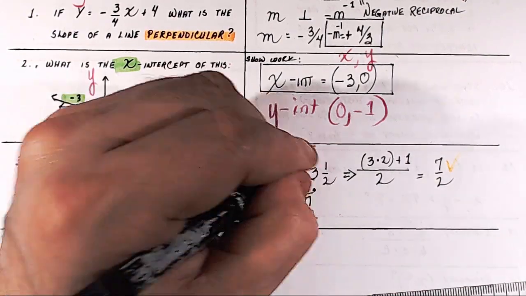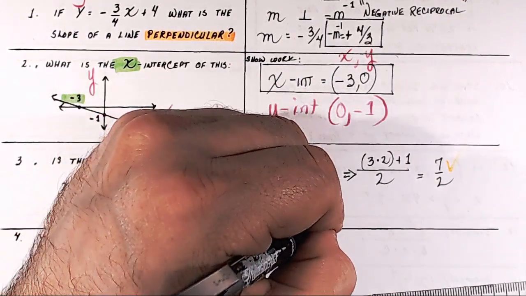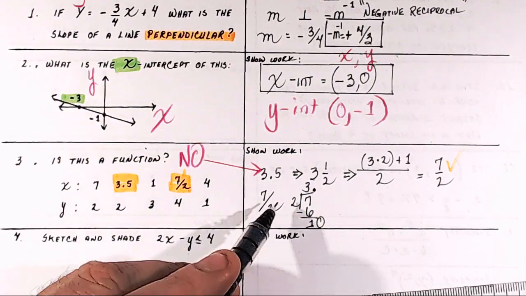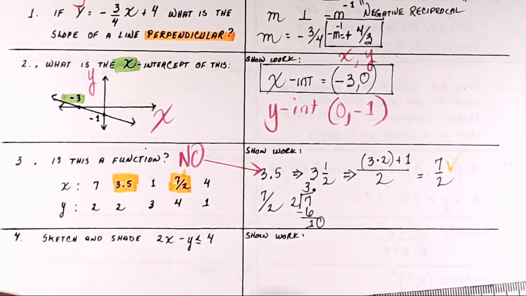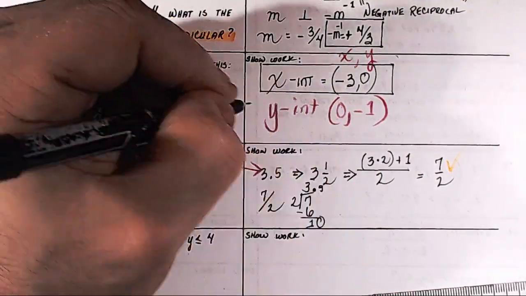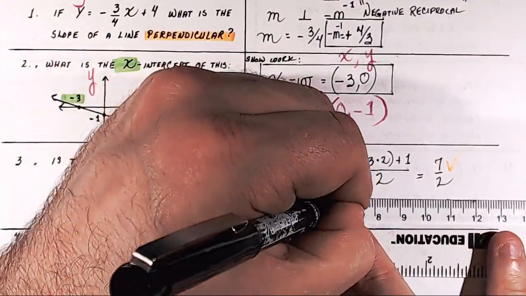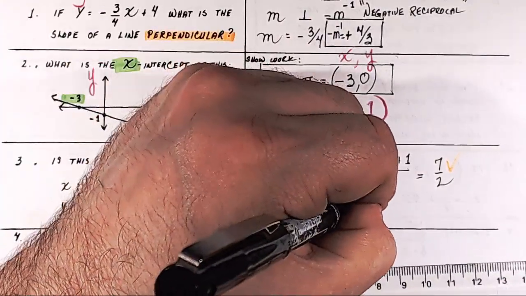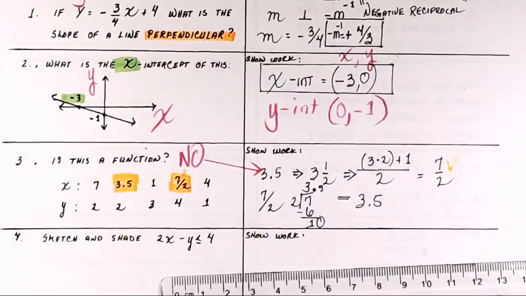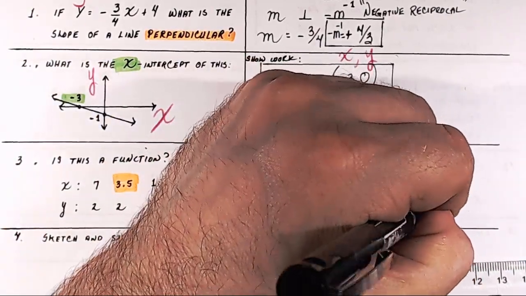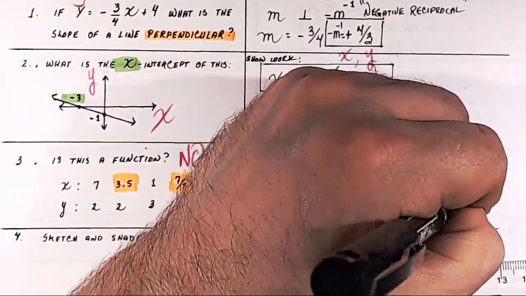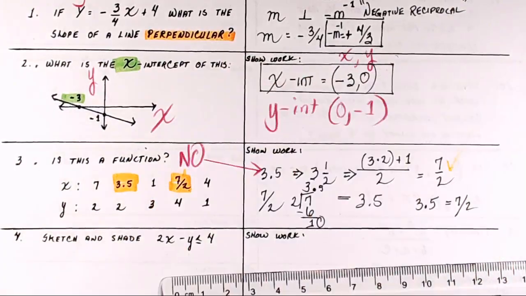We put a decimal, and then we drop down this 0. And we say 2 goes into 10 5 times, 3.5. So I got 7 over 2 equals 3.5. In other words, 3.5 equals 7 over 2.